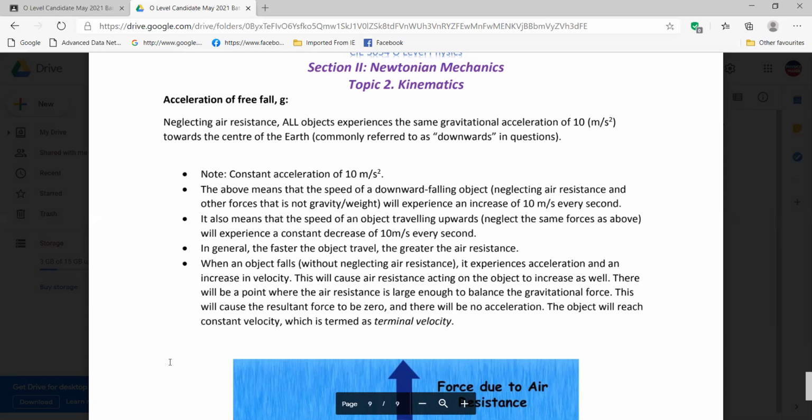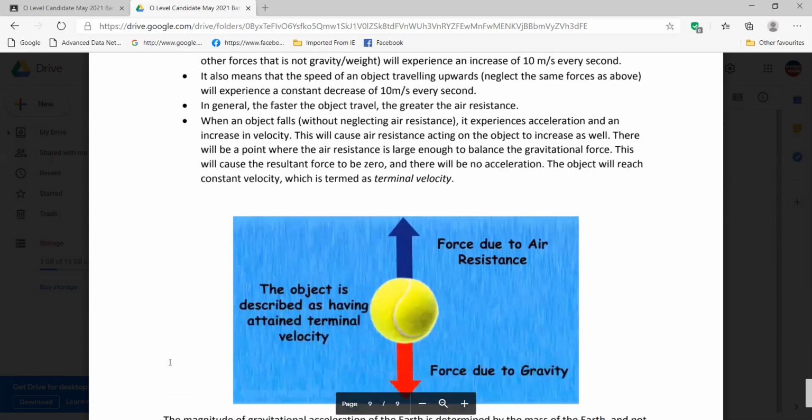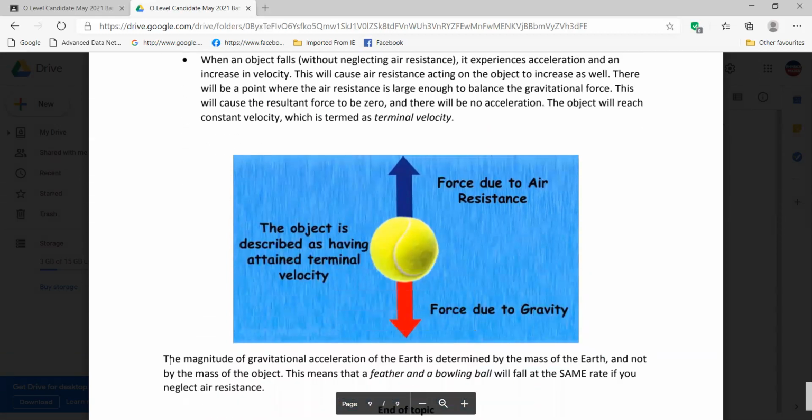Okay, this one is a new term for you, that is terminal velocity. You see the diagram. If we drop any object in air, then the air resistance is working upwards and the weight of the object is working downwards. If the speed of the object increases, then the air resistance also increases, right?